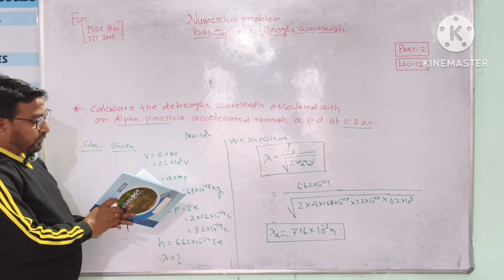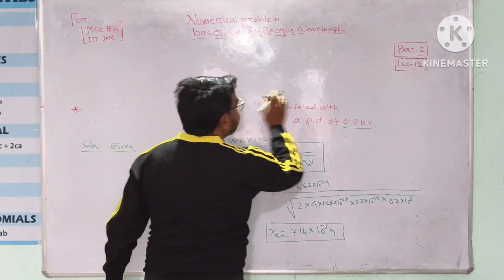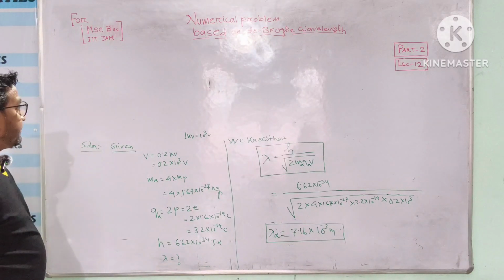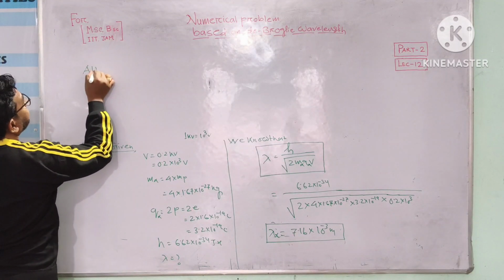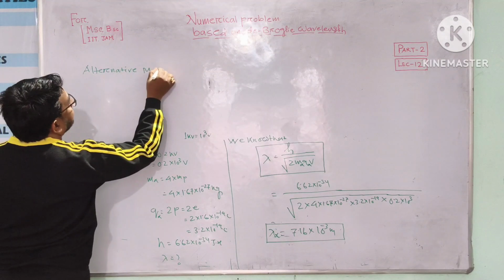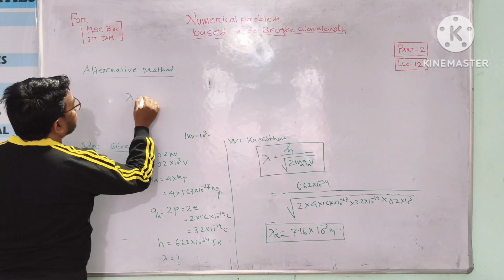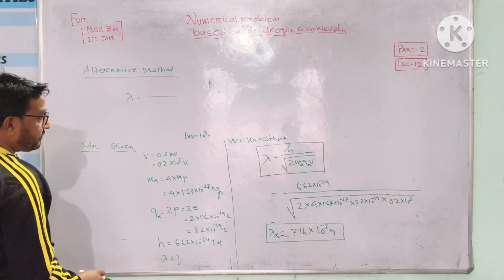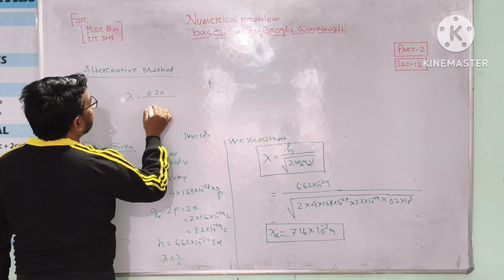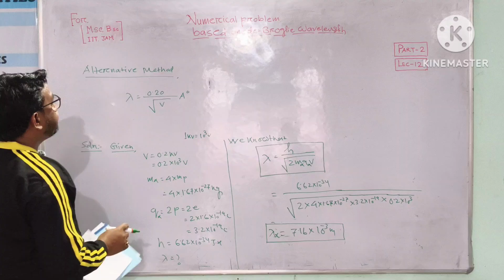This problem we can solve alternatively. We know the alternative method: lambda equals 0.20 by under root of V angstrom.